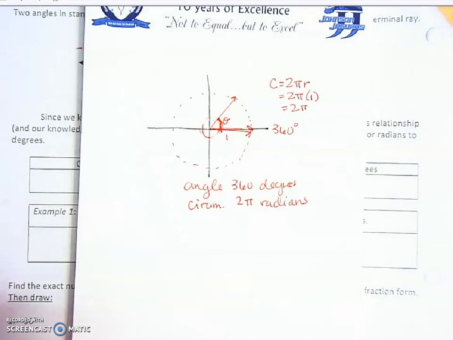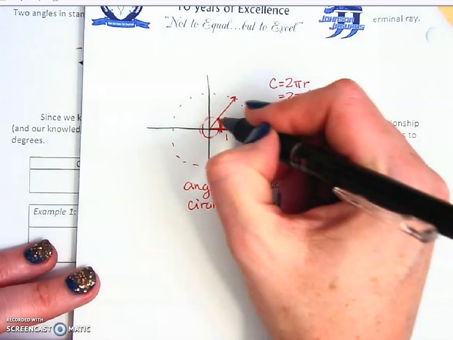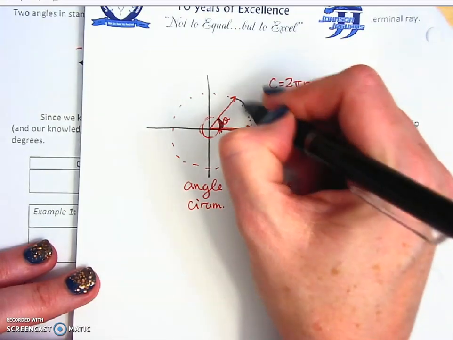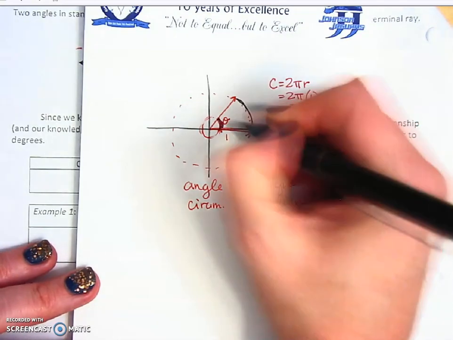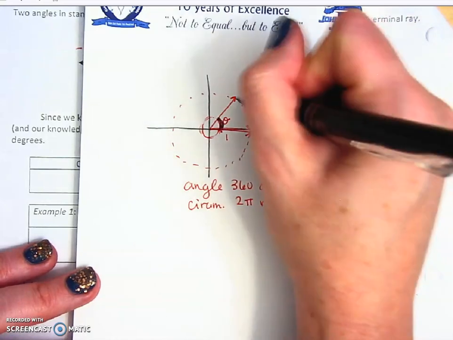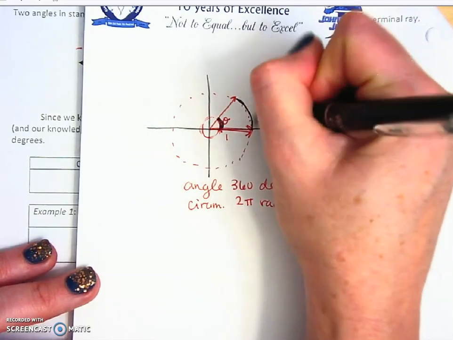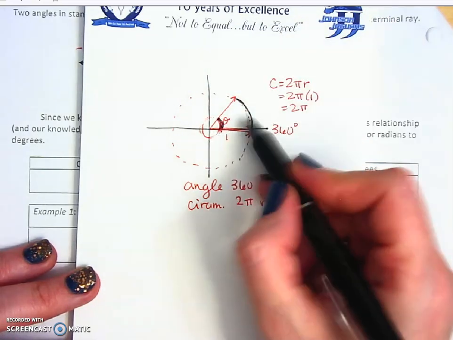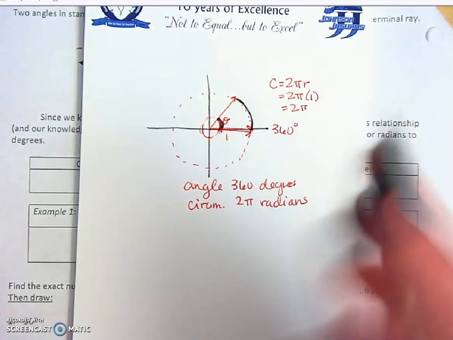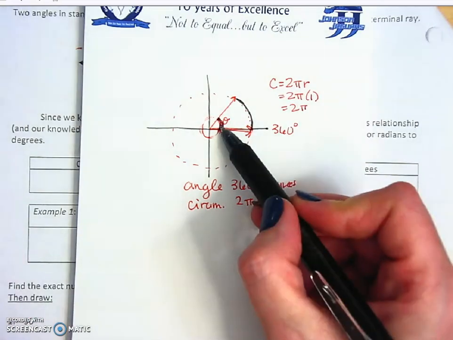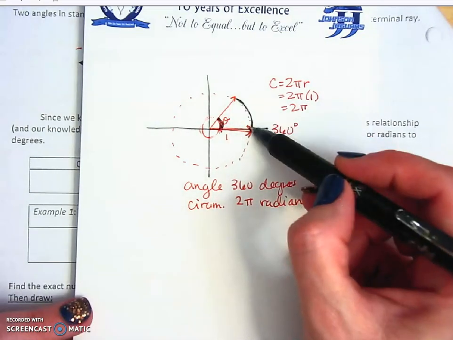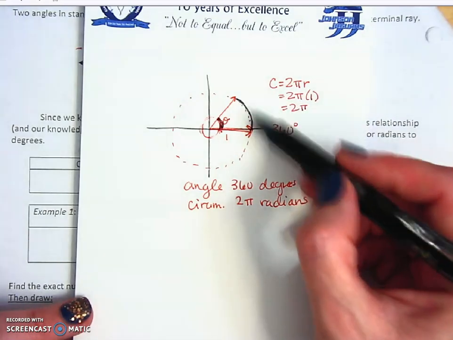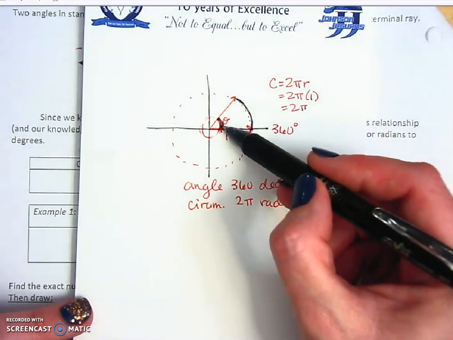And the portion of the circumference that corresponds to a given angle is the section between the ends of the rays right here. So if I have this angle, this is in degrees, this corresponding section is in radians, and they are in proportion to each other. So we can convert between one and the other. If I know this in degrees, I can figure out this radians. Vice versa, if I knew this in radians, I could figure out the degree measure of this angle.